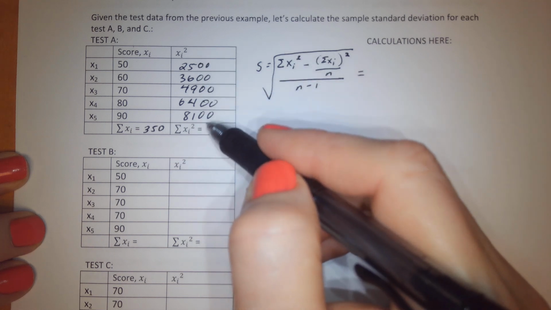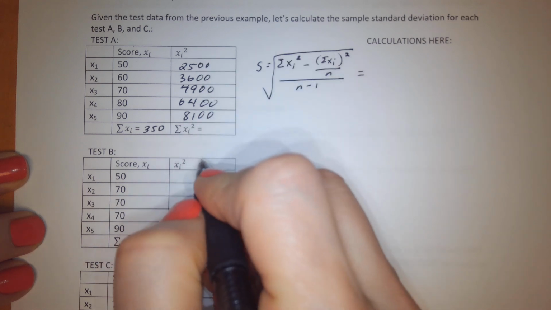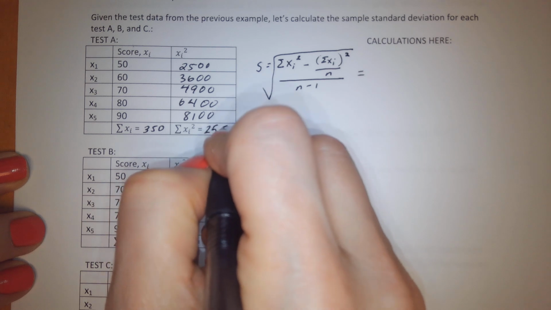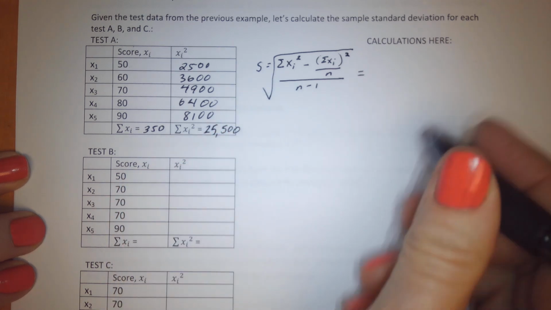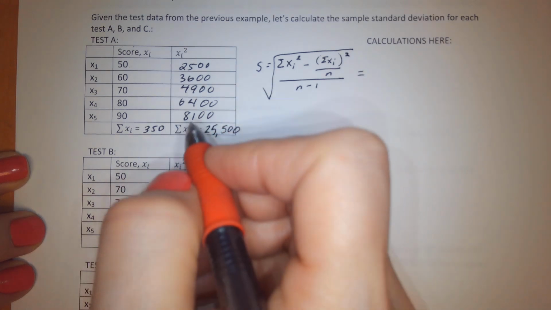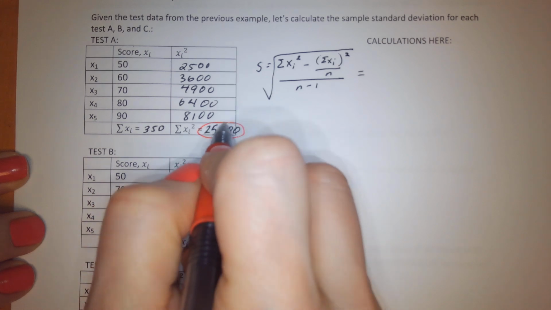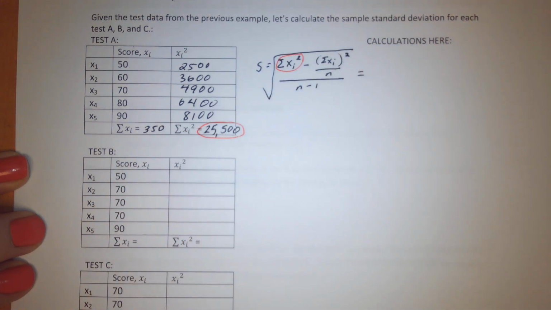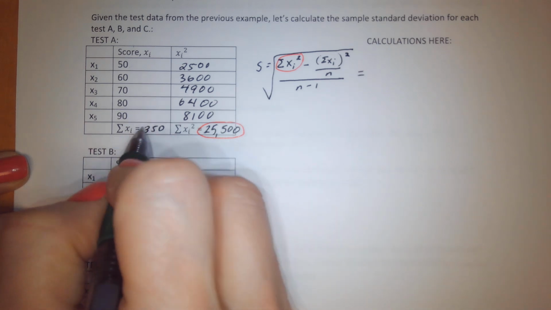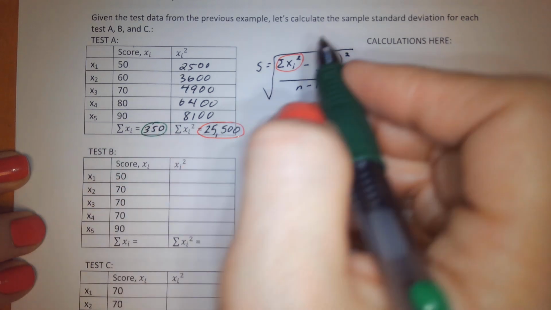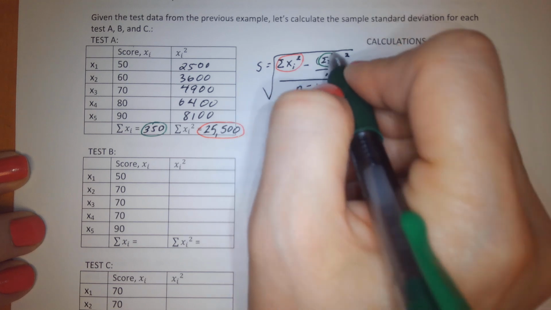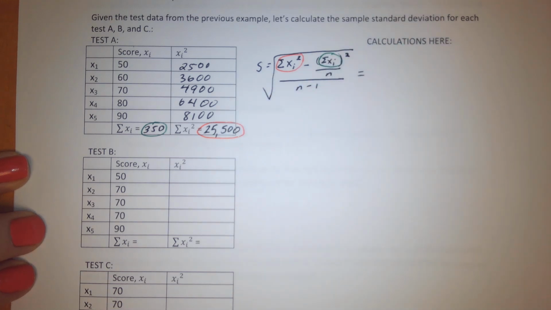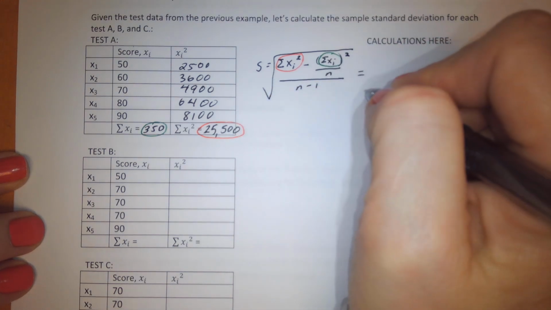So when I add this whole column up, I get 25,500. So what I have just found is the sum of the x squares, so that's this value right here. I've also found the sum of the individual x's, which is this value right in here. So I'm going to plug those values in, and I'll calculate this using my calculator.